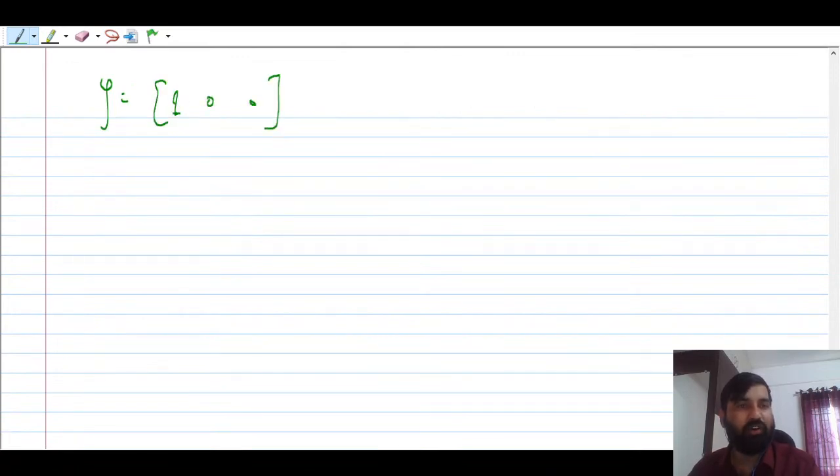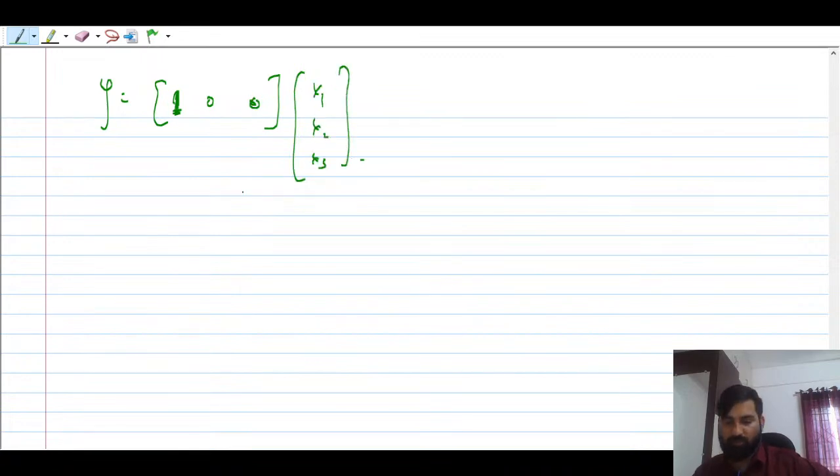You have to start from the first. You have to write the first as 1, and the others will be 0, and then you can write here x1 x2 x3. This is going to be your C. It's very simple. You can write directly. Next.